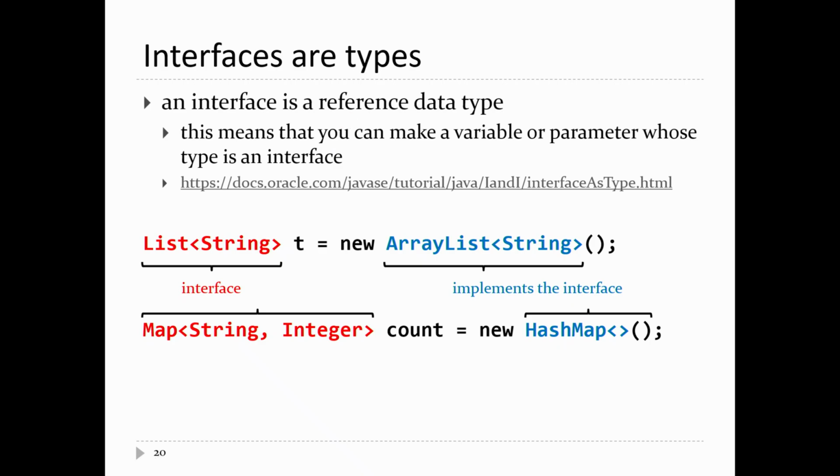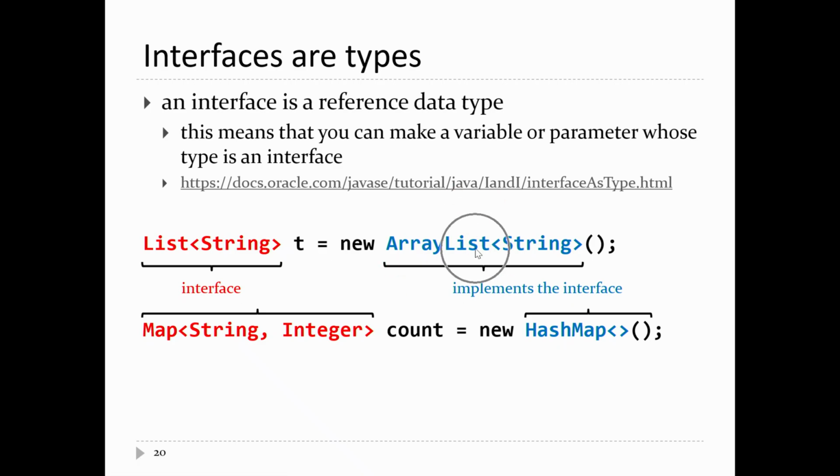So interfaces in Java are, in fact, reference types. That means you can make a variable or a parameter whose type is an interface. We've been storing array list references in array list variables. You don't have to do that if you don't want to. You can store it in a list variable instead. On the left-hand side, for the variable type, you are allowed to use an interface name. On the right-hand side, though, you always must pick a class name.